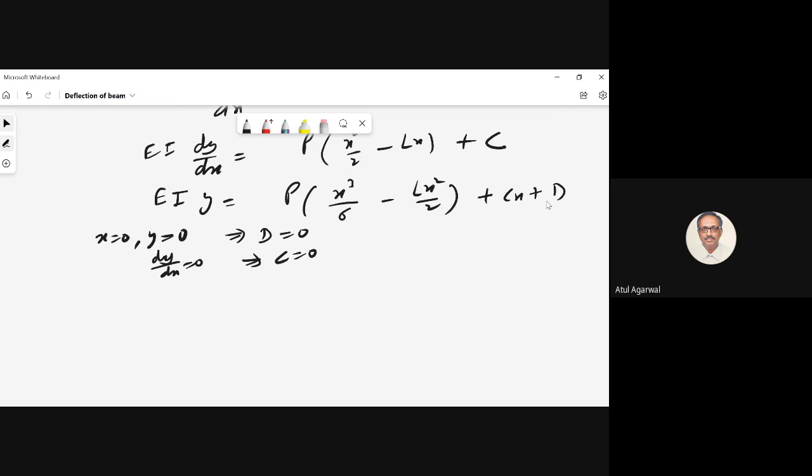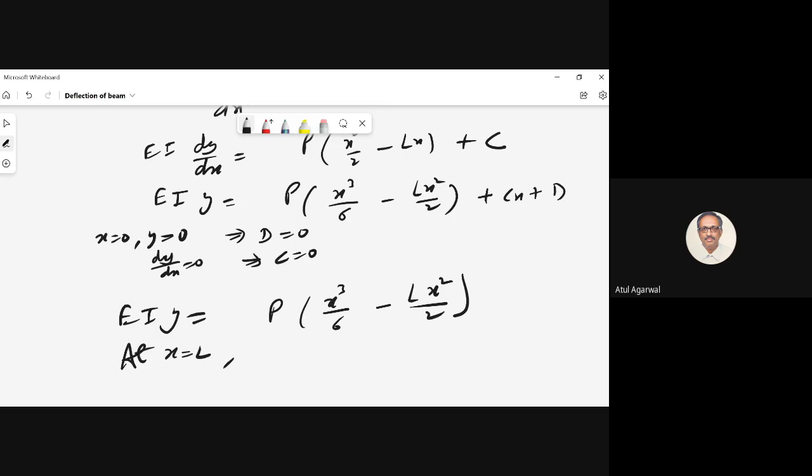So what is the deflection curve? EIy is equal to P into x cube by 6 minus Lx square by 2. So at x is equal to L, what is the y?